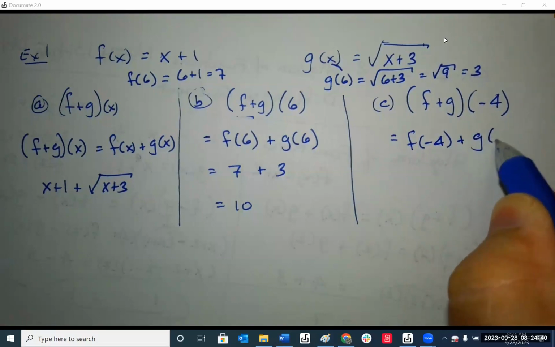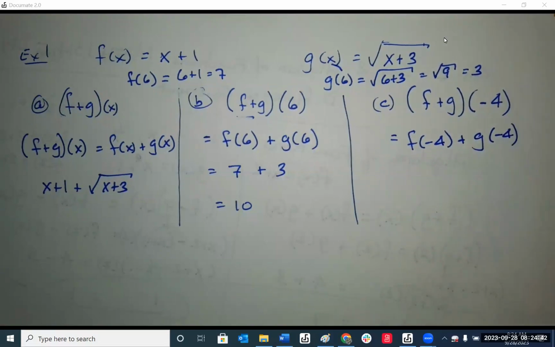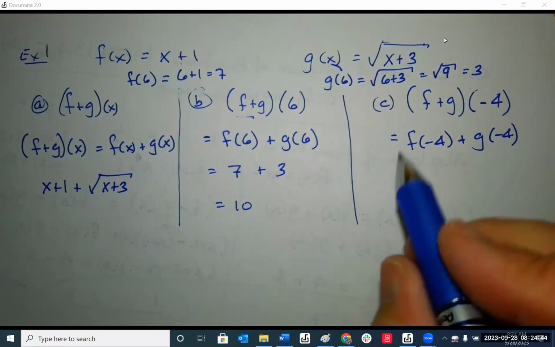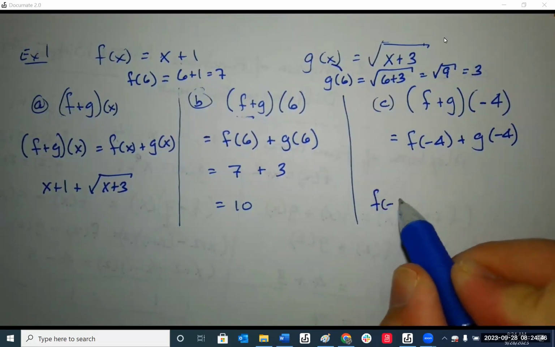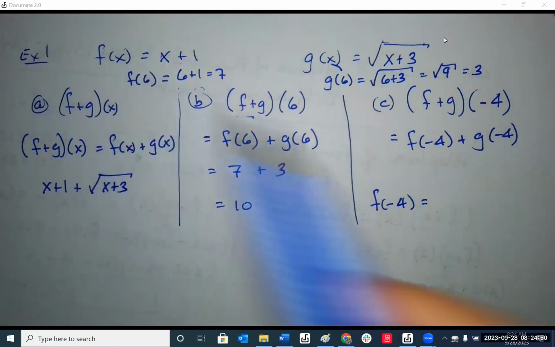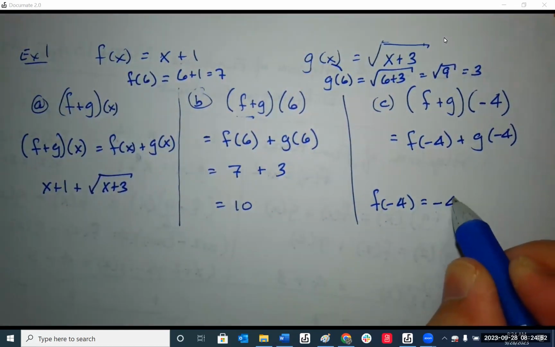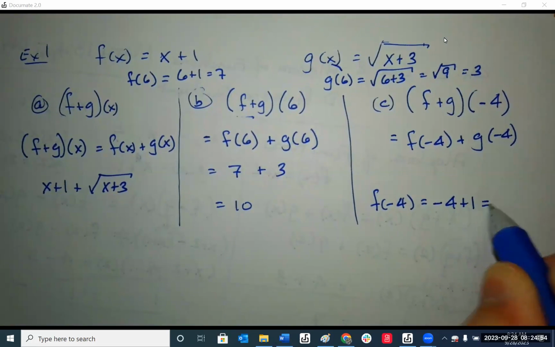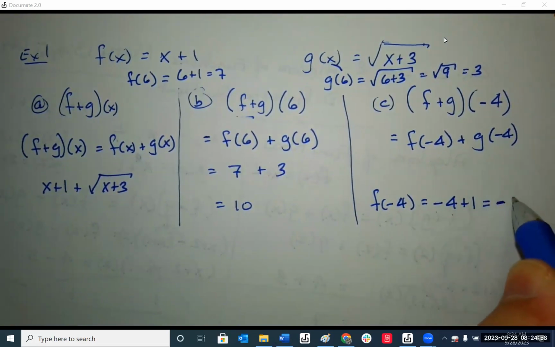This is plus. So we have to find f of -4. Anywhere I see an x, I put a -4. -4 plus 1. Since 4 is bigger, the answer is negative. 4 minus 1 is 3.